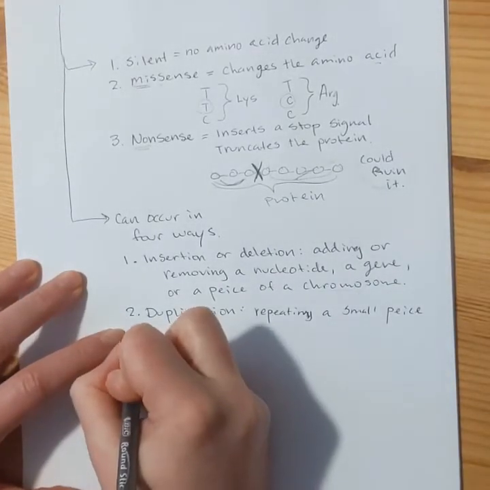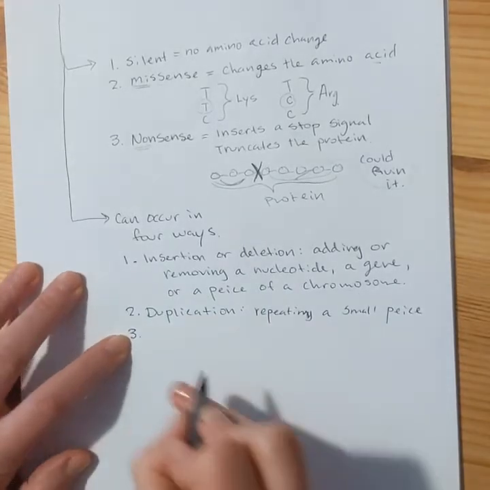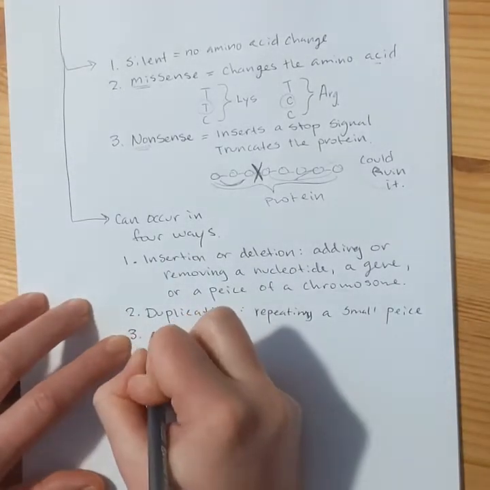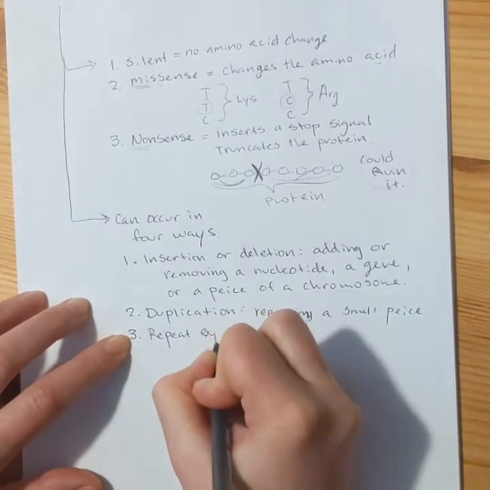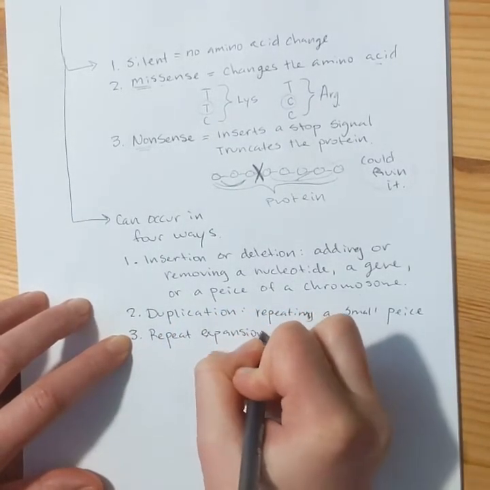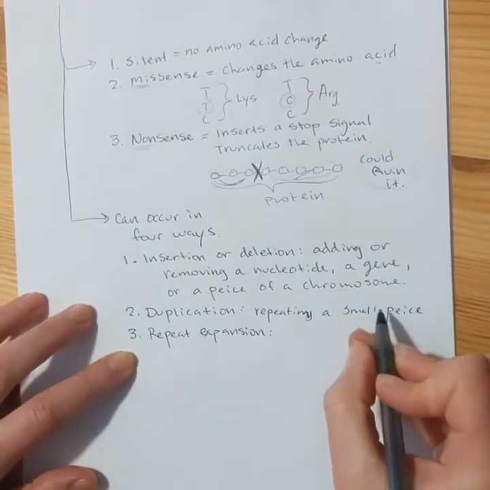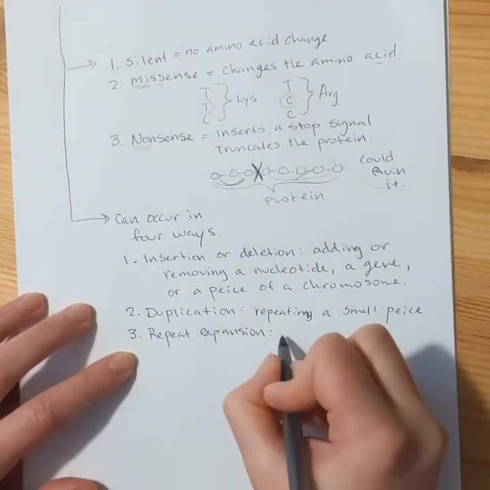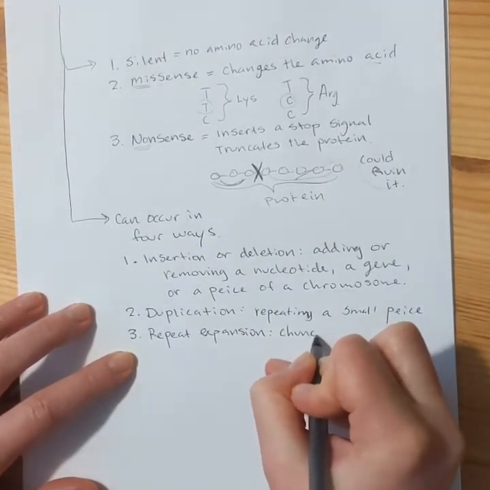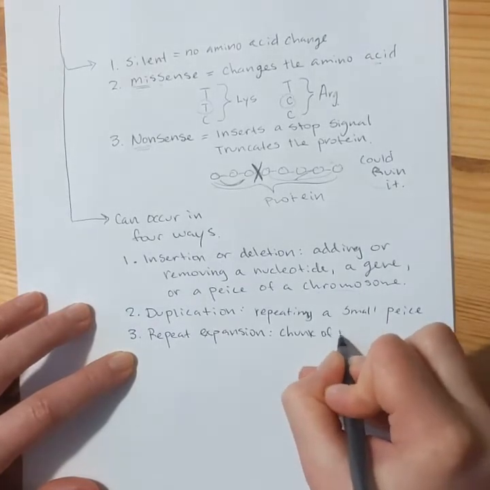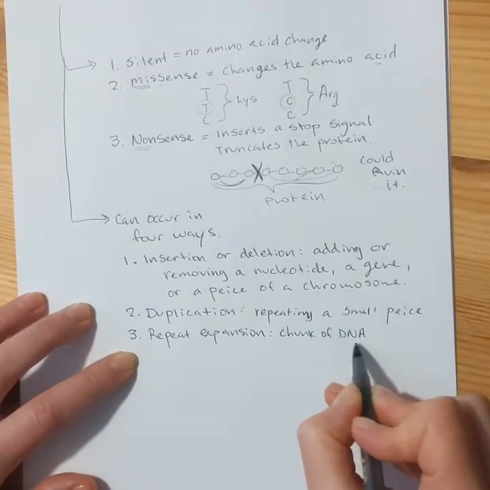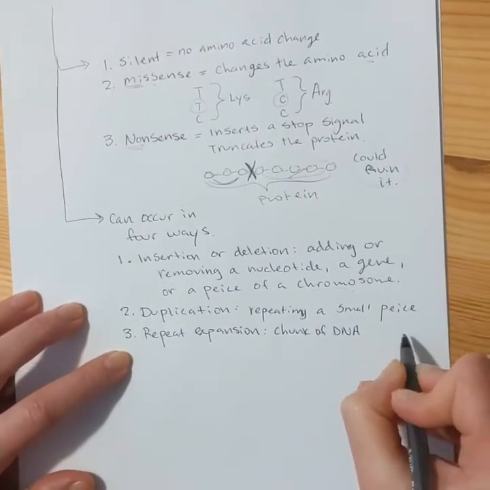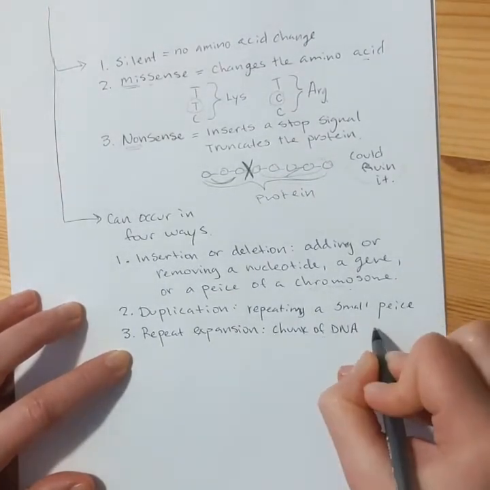Then, to get a little bit more intensive, we could have a repeat expansion. So this was repeating a small bit. This is going to be a chunk of DNA. Could be several nucleotides, could be a couple hundred nucleotides, that gets repeated several times.